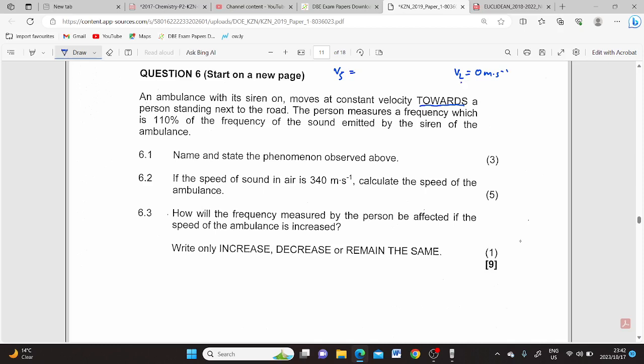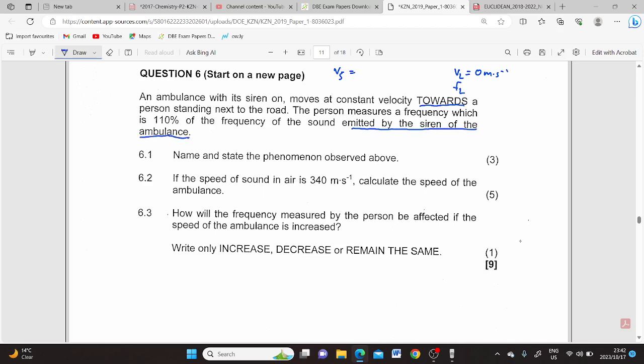Now the person, the listener, measures a frequency which is 110% of the frequency of the sound emitted by the siren of the ambulance.